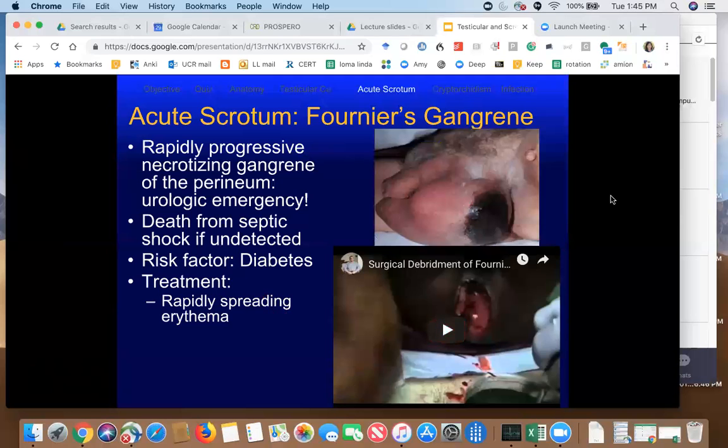So question is, does spermatocele look more solid than anechoic? Spermatocele is fluid, but it's fluid with sperm. So it's anechoic, except if it's super infected, but that's not very common. So how do you distinguish it on ultrasound? That's a very good question. I wasn't going to go into the imaging details, but there's several ways.